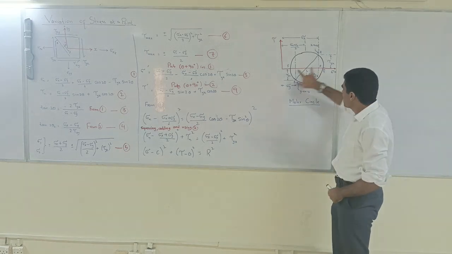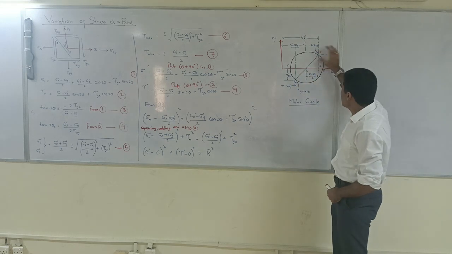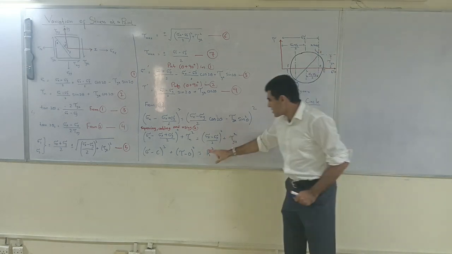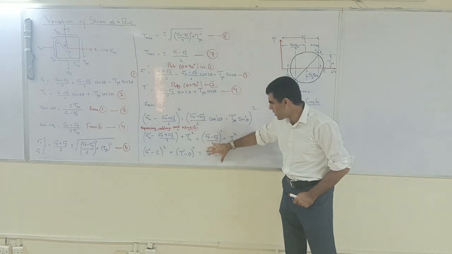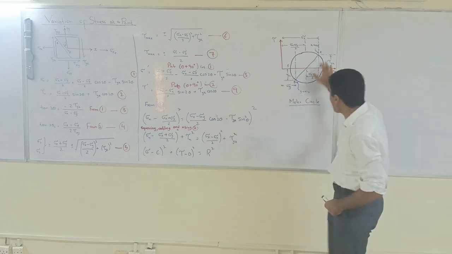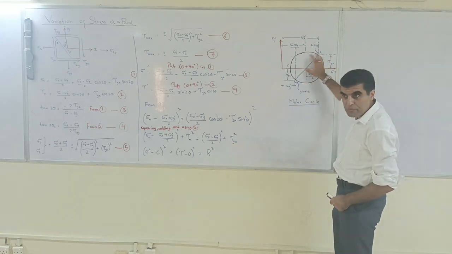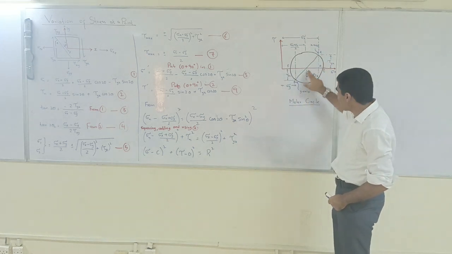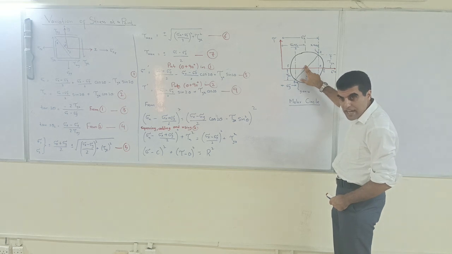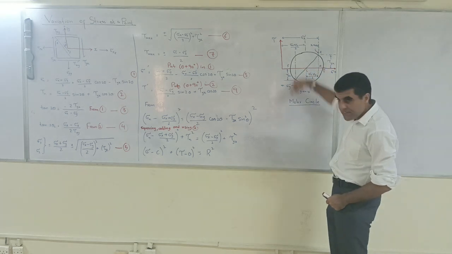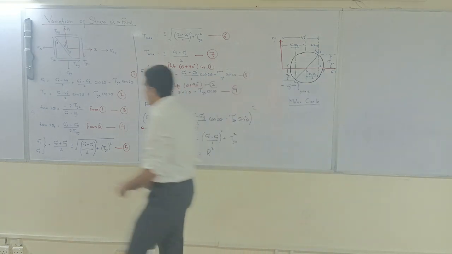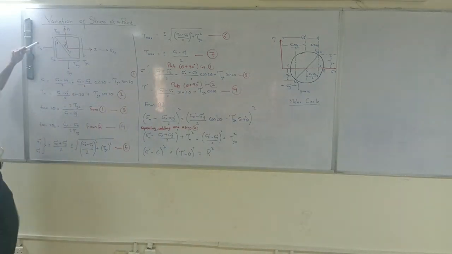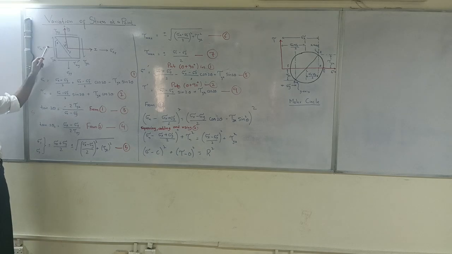Now, this is my radius: stress x minus stress y divided by 2 whole square plus tau y x whole square, under a square root. So that is my radius. So once I get the center and once I get the radius, I can easily draw this circle. Please remember, I know the stresses on this face.